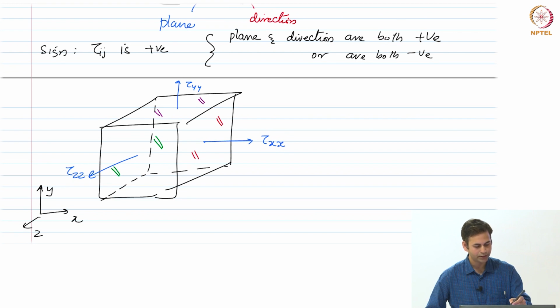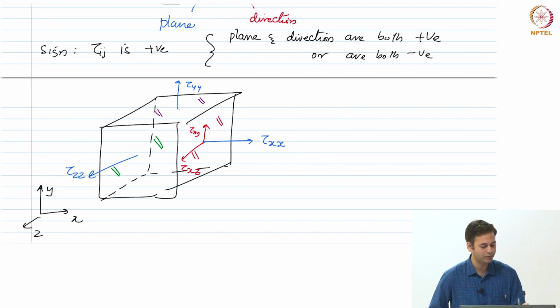Then we can look at the shear stresses. What about the other shear stresses that act on this element? Those are tau xy, that is this one, and this would be tau xz.